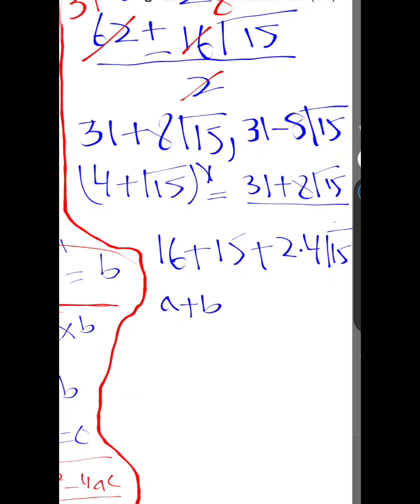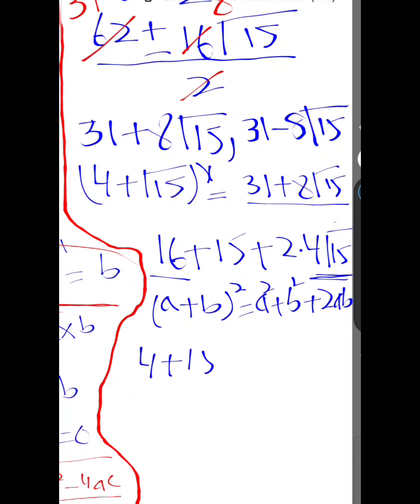As we know, (a plus b) whole square is equal to a square plus b square plus 2ab. Now if we consider 16 as 4 square, which will be the value of a, plus square root 15 square, which will be 15.